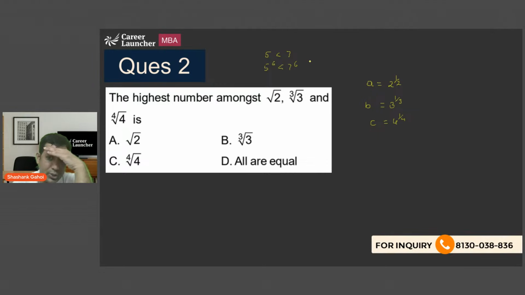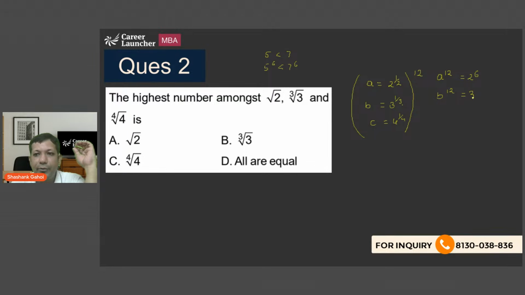So I am going to give every number the same power, that is the LCM of the denominators of the powers. The denominators are 2, 3 and 4, and the LCM of 2, 3 and 4 is 12. So A power 12 is equal to 2 power 6, B power 12 is equal to 3 power 4, and C power 12 is equal to 4 power 3.